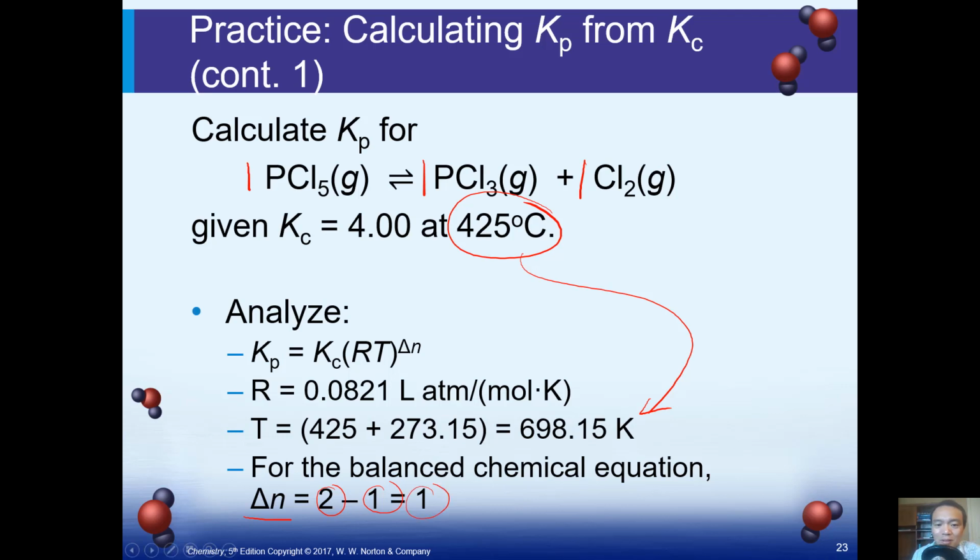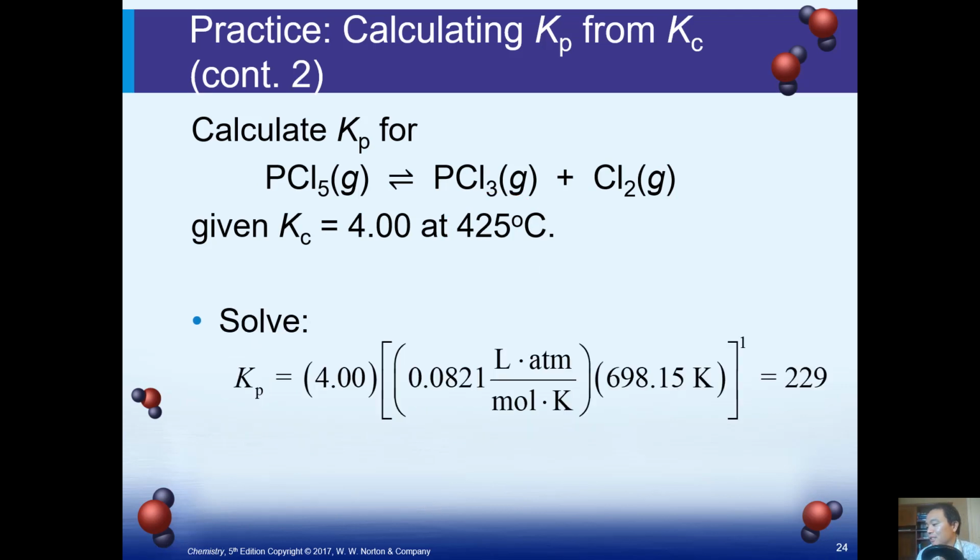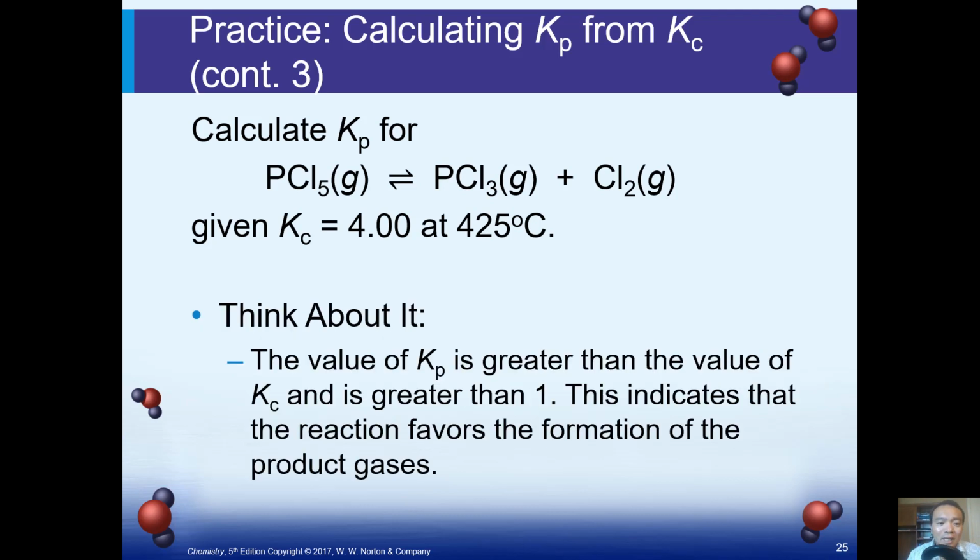So you substitute the numbers in and do the calculation. Kp equals Kc times R times T in Kelvin raised to delta n. So you have a number 229. And this is slightly greater than number 1, so this just tells you the reaction is favoring the products.